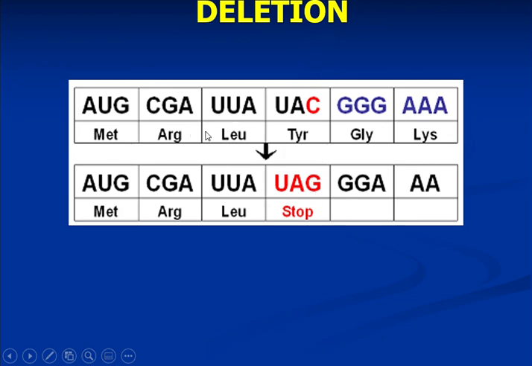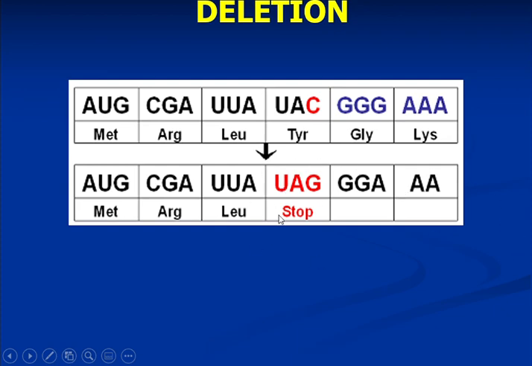So now in the original, I was coding for 6 amino acids. But now, in this particular example, I have gone 3 amino acids and then the stop codon, as in stop making the protein. But I've still got some other codons and these 2 lonely adenines that are sitting here. So now I've completely changed what is happening in my protein.